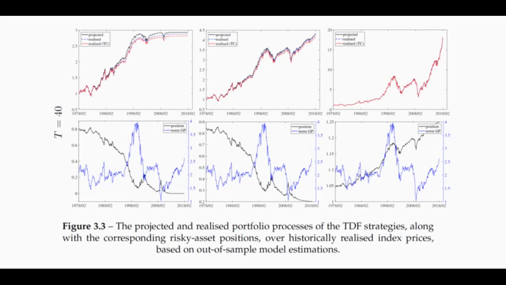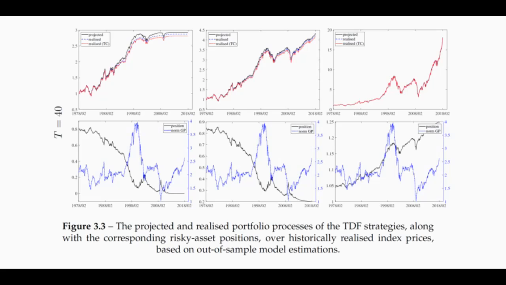Initially, the investor will put most of his wealth in the risky asset. As the target date approaches, the investor will move his wealth gradually into the riskless account, so that the terminal asset allocation, the short-term asset allocation, corresponds to his risk aversion coefficient 5.